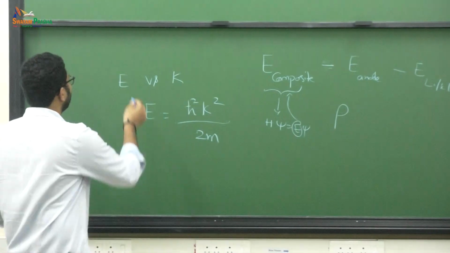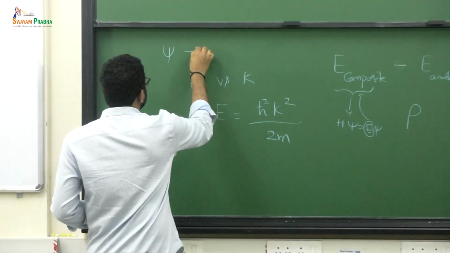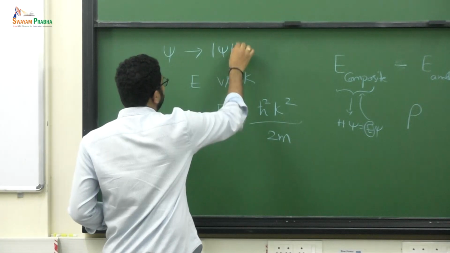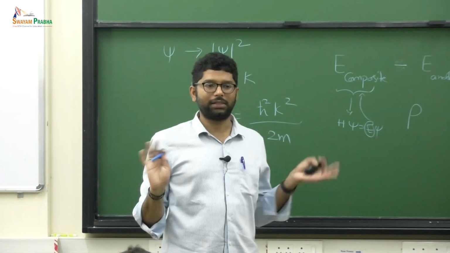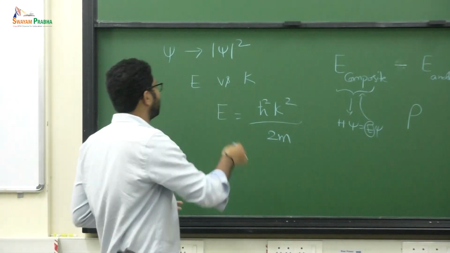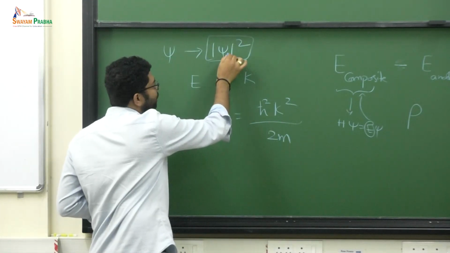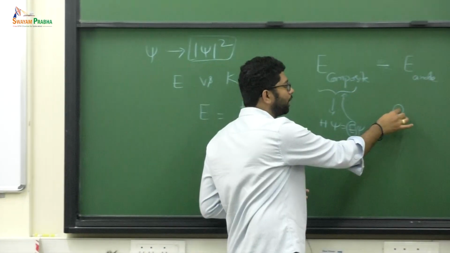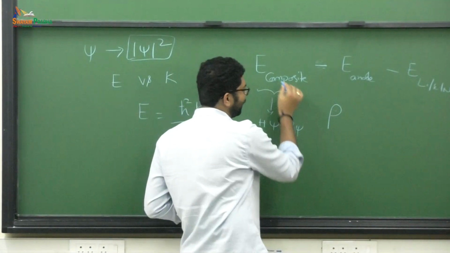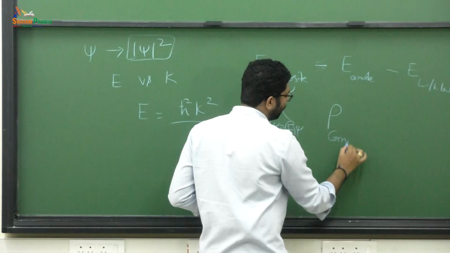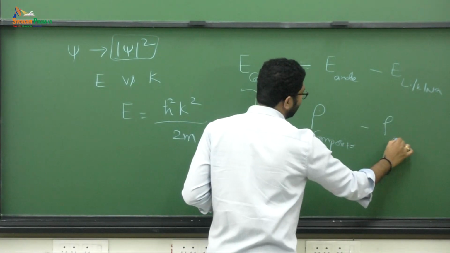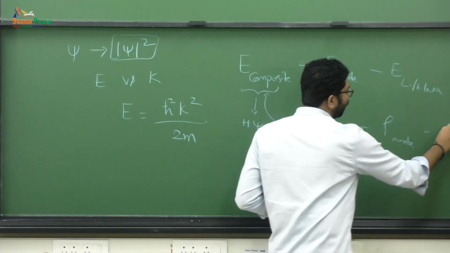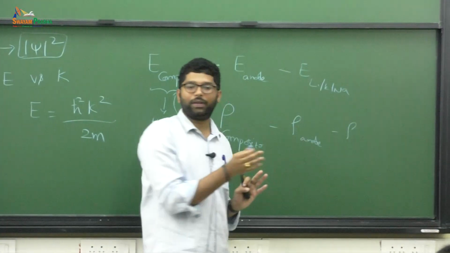If you know the wave function is psi, psi square gives you the probability density, right? That's what it is. Have you guys heard this or no? Yes. So this is probability density which is related to that rho. So this is what we are going to plot of the entire system. If you consider the composite system and, the same way, subtract for the anode and subtract for the metal, what you would be seeing is the difference between them, okay?